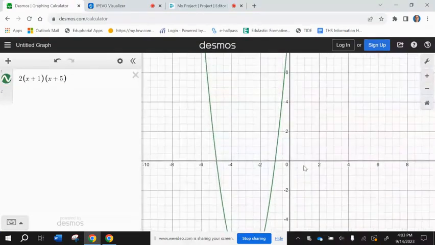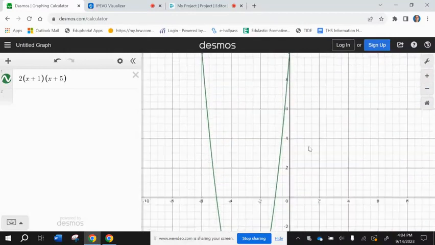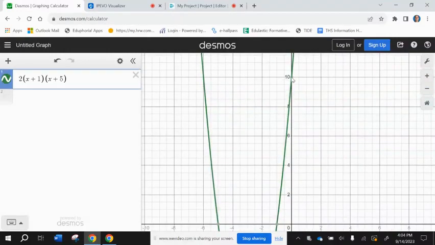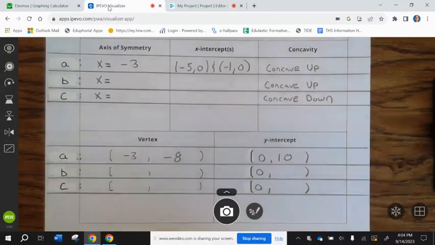And then the y-intercept is right there, 0, 10. All right, let's go ahead and get the information for graph B.